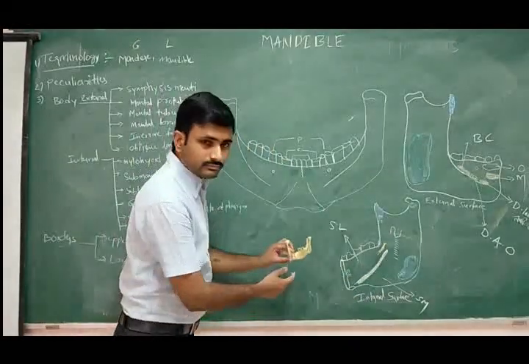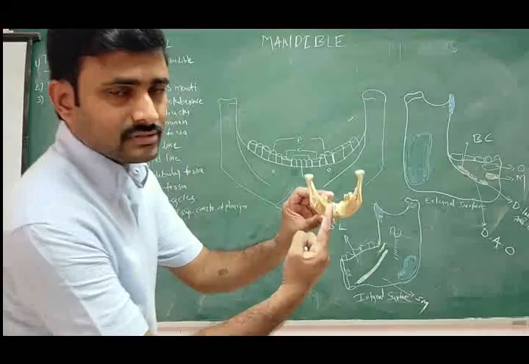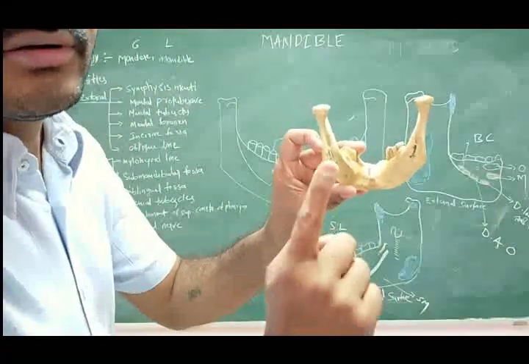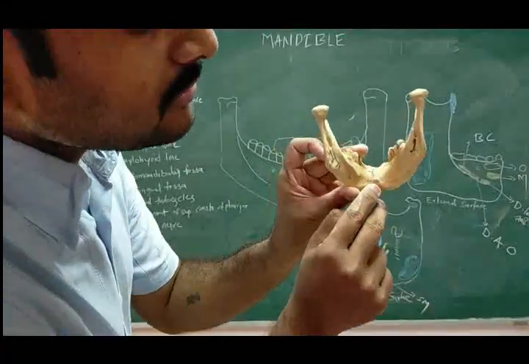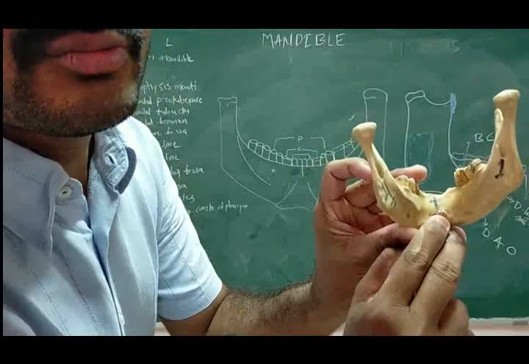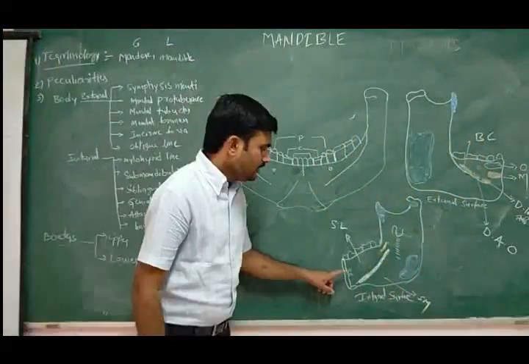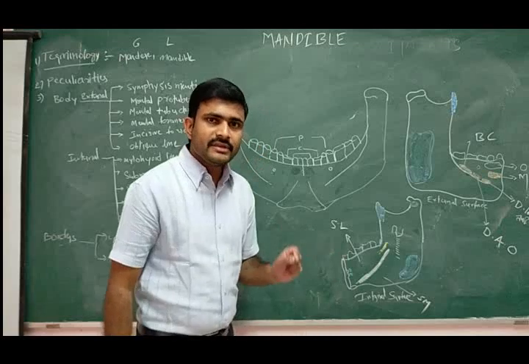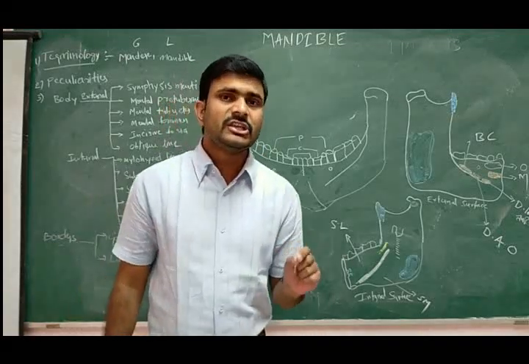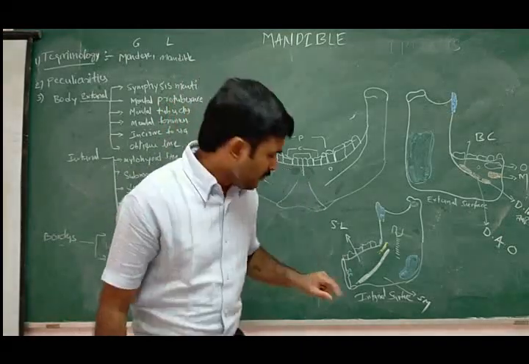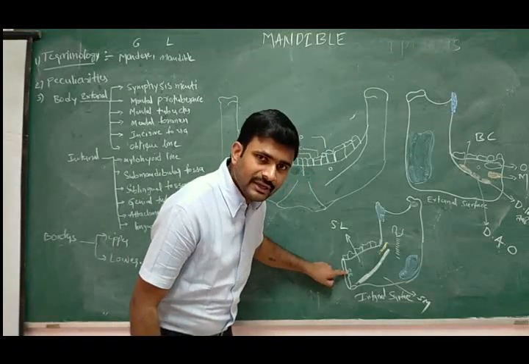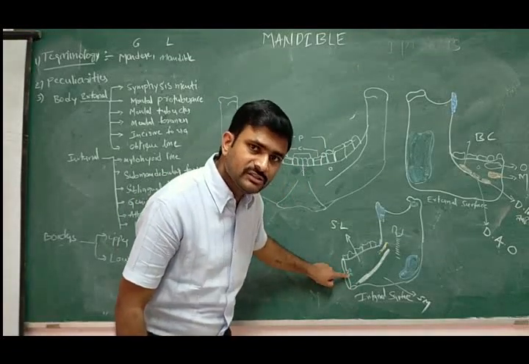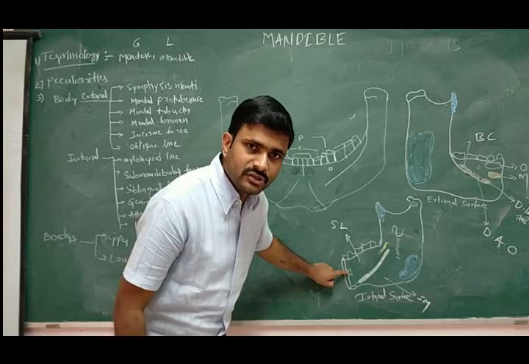Now next, you can see in the inner surface, see here, small bony elevations are present. Here two elevations are present. These elevations are called the genial tubercles. The upper one is called the superior genial tubercle and the lower one is called the inferior genial tubercle.